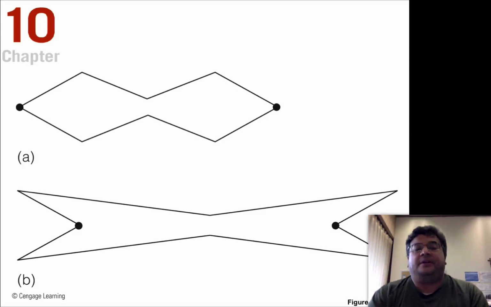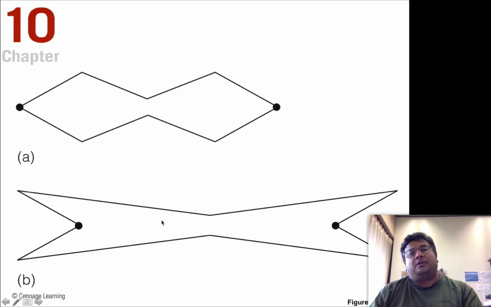Here's another one right here. Again, the distances between the points in A and B are identical, but it looks like the points in A are closer together than the points in B. And in this new conflicting cues explanation, it might be that, yeah, we are looking at the distance between the points, but we're also taking the entire object into account.